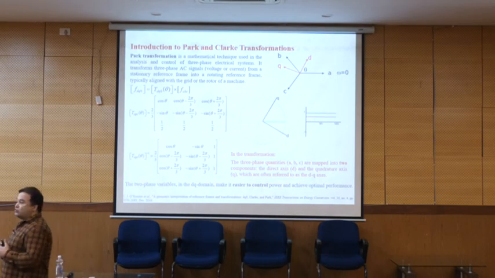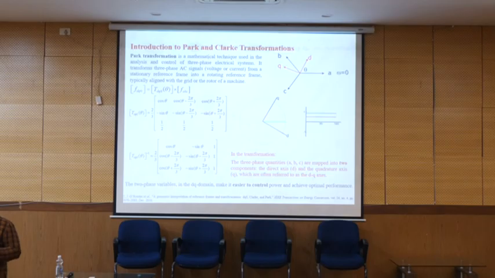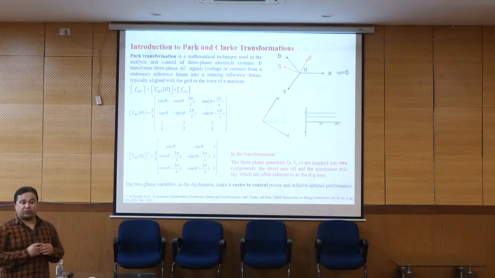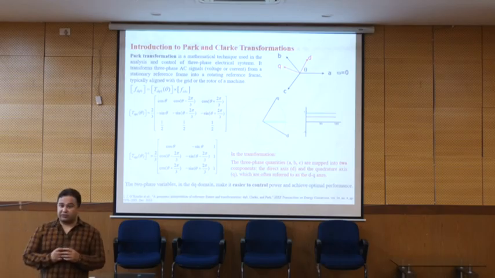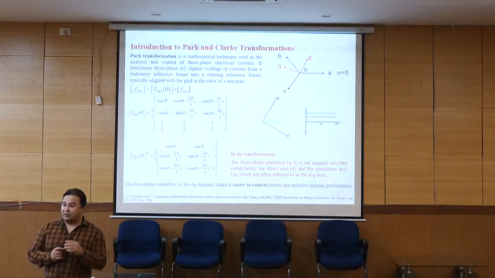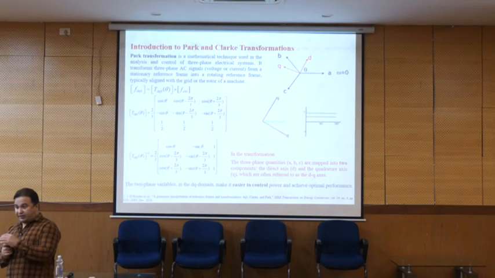So when we reached 2020, they defined the grid code that you are not allowed to integrate your converter to the grid if you cannot provide inertia.